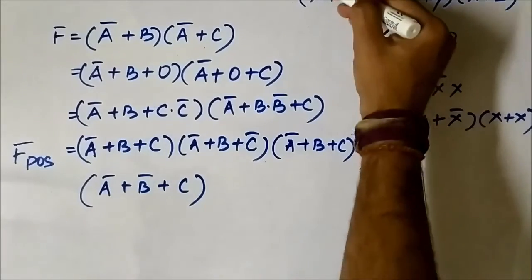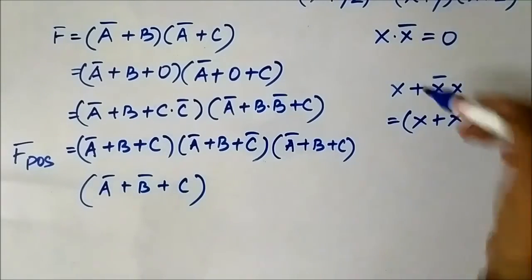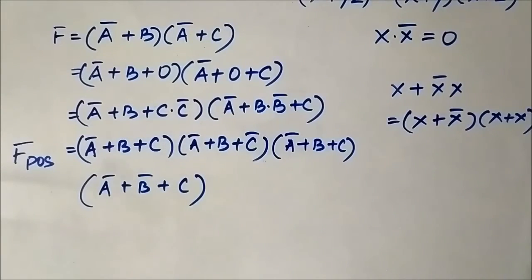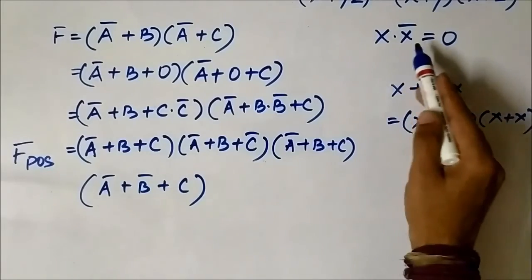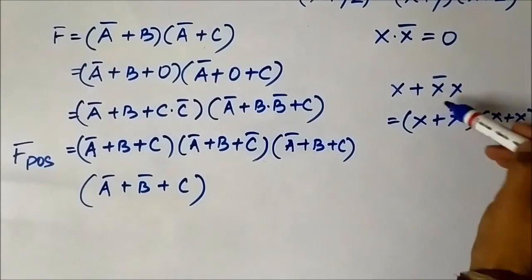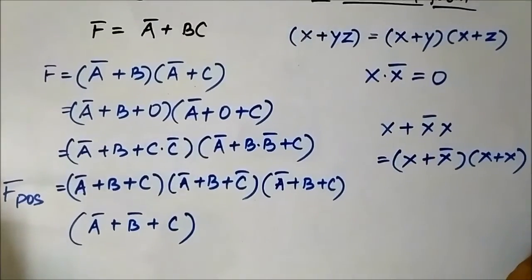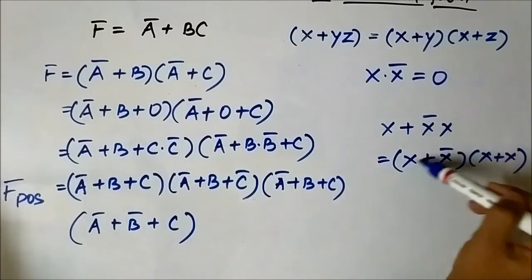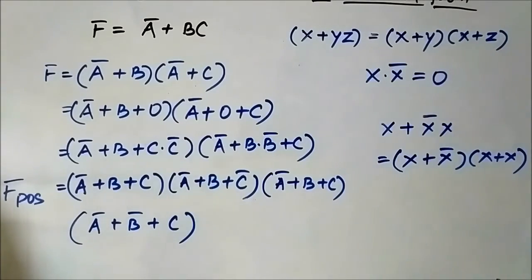We exploited these Boolean identities, primarily these two, x plus yz is x plus y into x plus z, and this is the modified version of this first one.